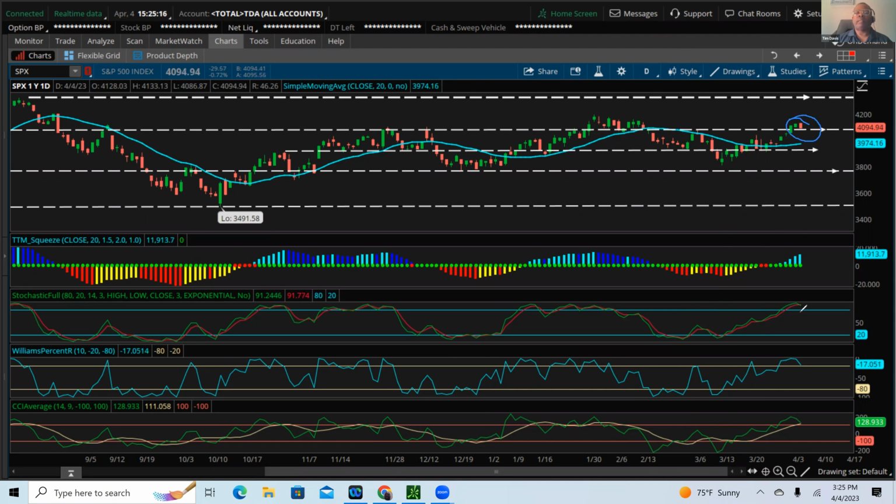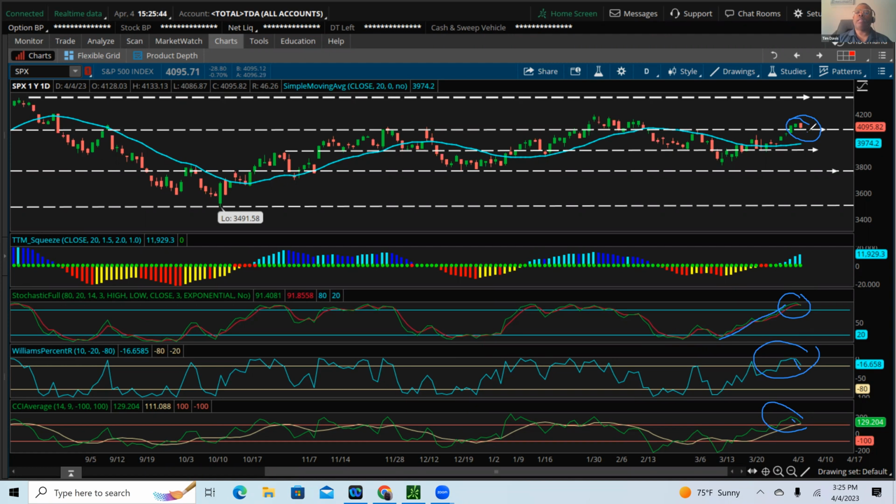If you look at the oscillators, in the full stochastics you see extreme measures to the upside, and it looks like we are about to turn lower. The full stochastics is showing that price action is attempting to turn lower after being in overbought territory on the daily chart. Looking at Williams %R, it also shows the oscillator just starting to turn down, and the CCI also shows the oscillator just starting to turn down.